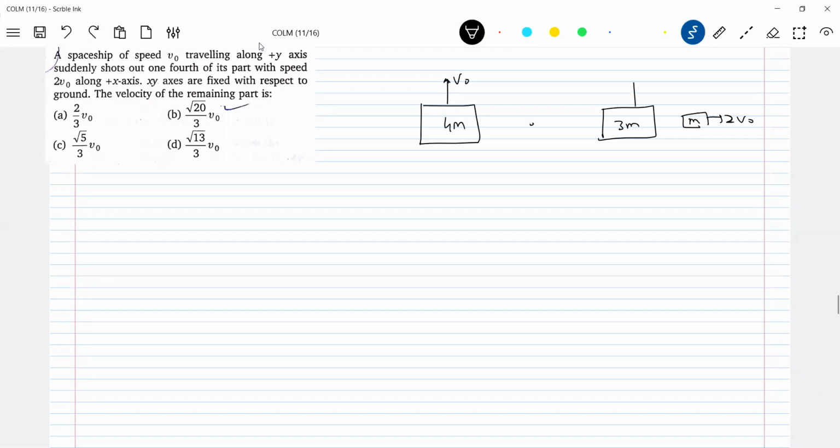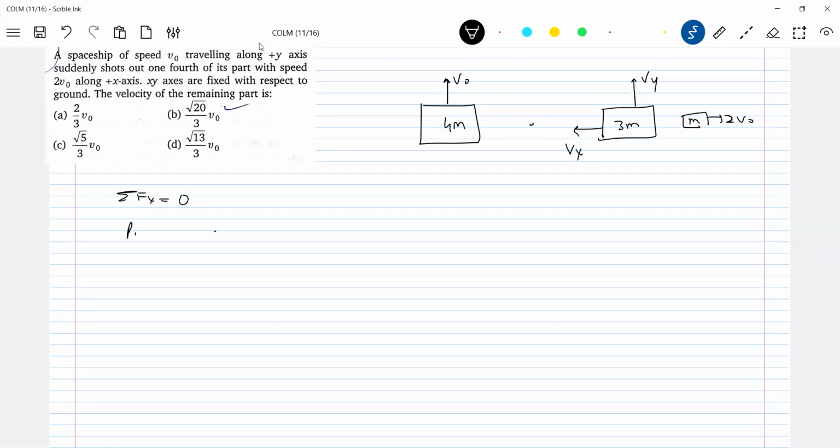Let it acquire velocity vy and let this be vx. Now, what is this ejection? An internal force, no? So the net force on the system along the x-axis is 0, and along the y-axis also 0, because the ejection occurs due to internal forces, and due to internal forces momentum will be conserved.